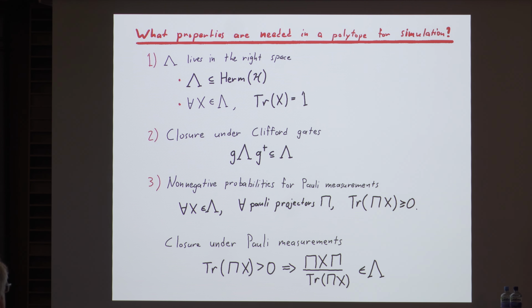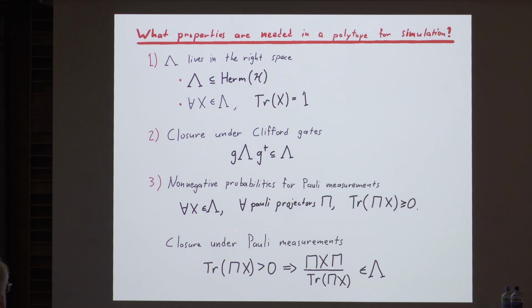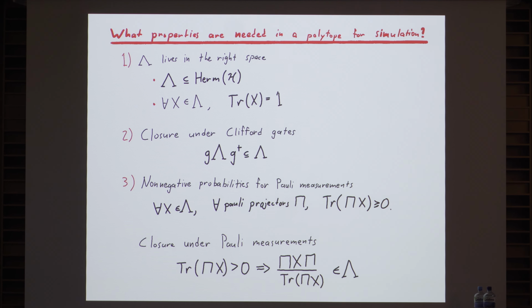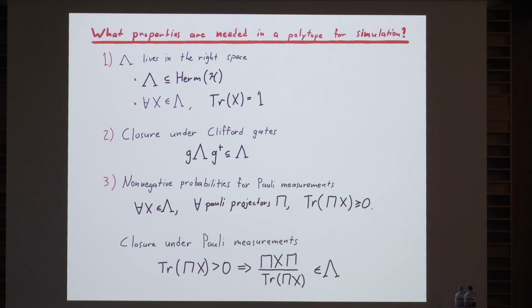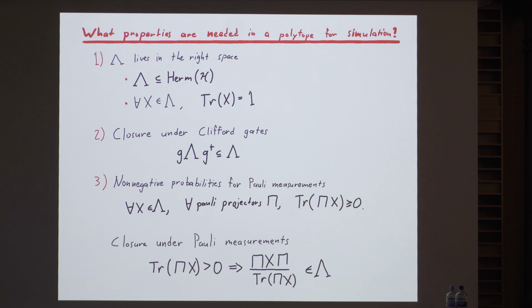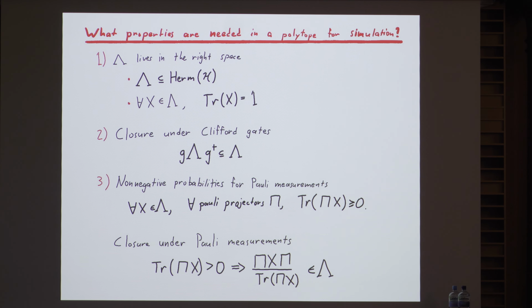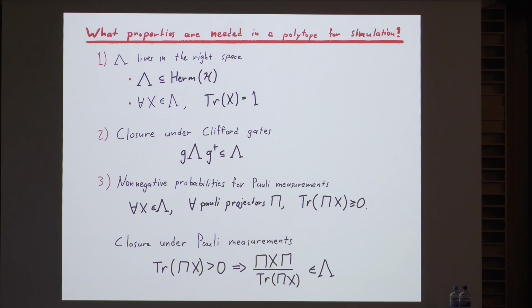This is what we interpret as the probabilities. And then if you perform a Pauli measurement, and an outcome can occur, meaning that these probabilities are strictly positive, then the post-measurement state should be inside the polytope. So if you do a Pauli measurement on any element of the polytope, it should map back inside the polytope.